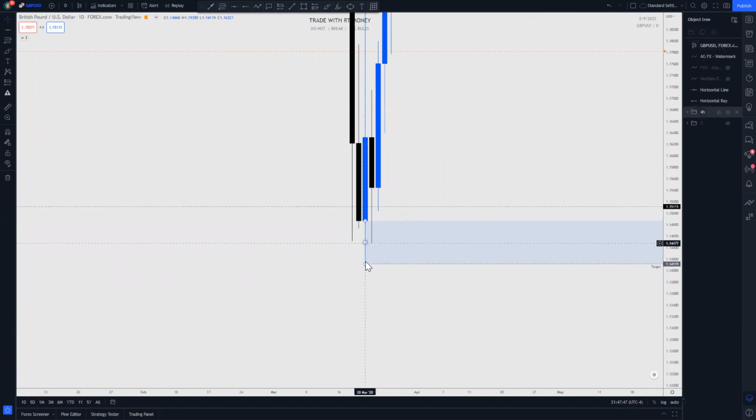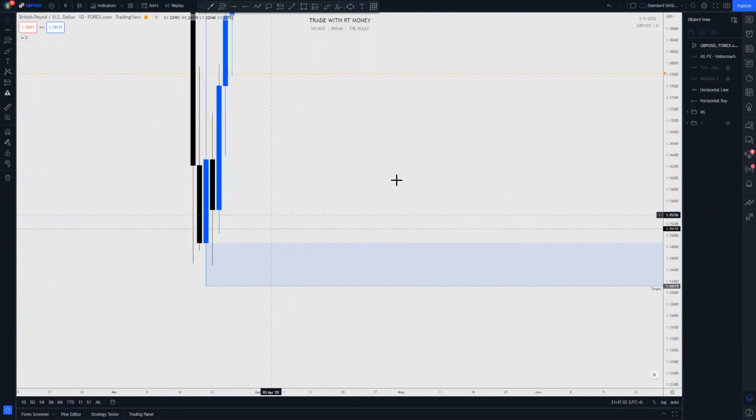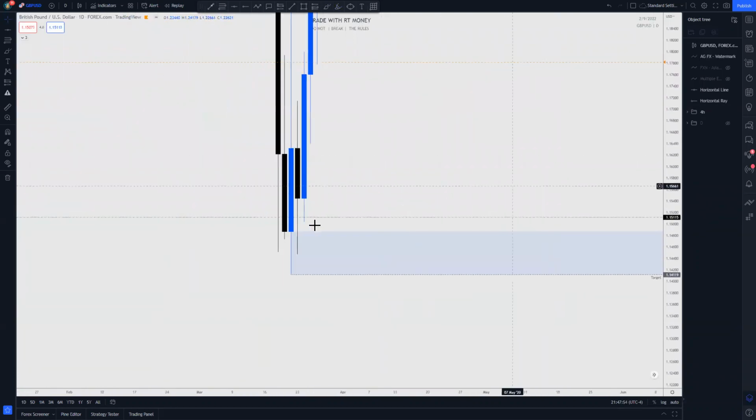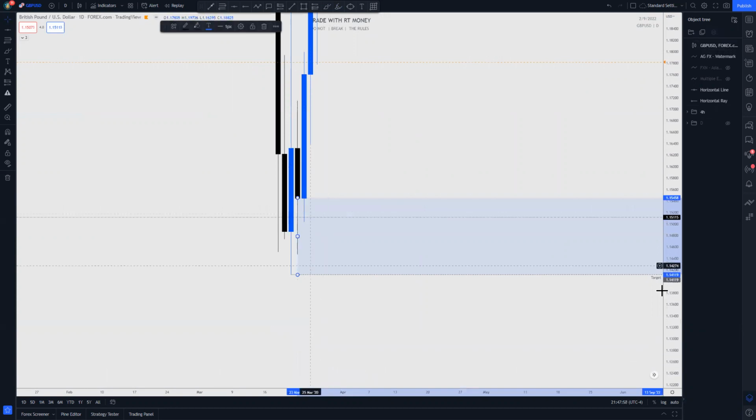This is the extreme, and I do believe we're going to hit that extreme. It really doesn't matter if we move it or not, because we're already in it. Price has already traded into it. This makes me think that price will take that low out.